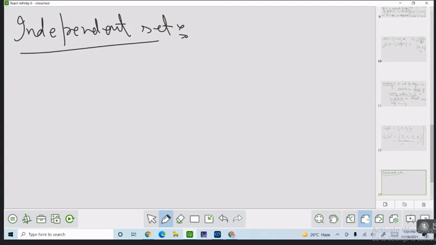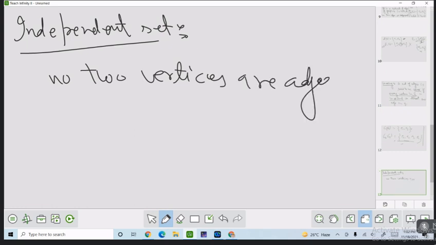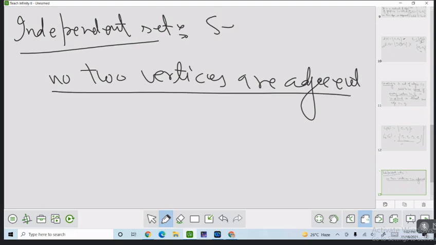Here, an independent set is a set of vertices in which no two vertices are adjacent. A set of vertices is called an independent set if no two vertices are adjacent.